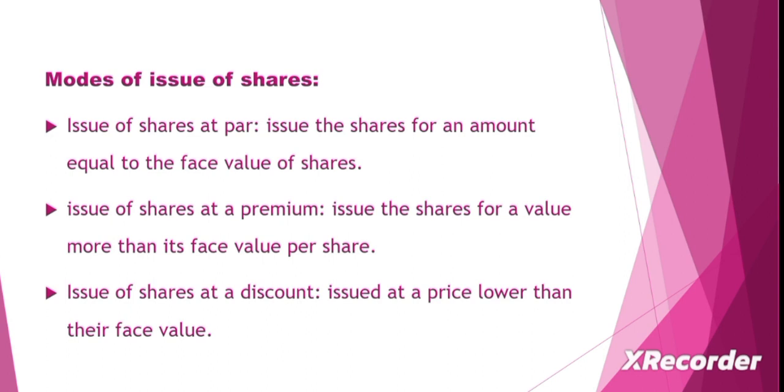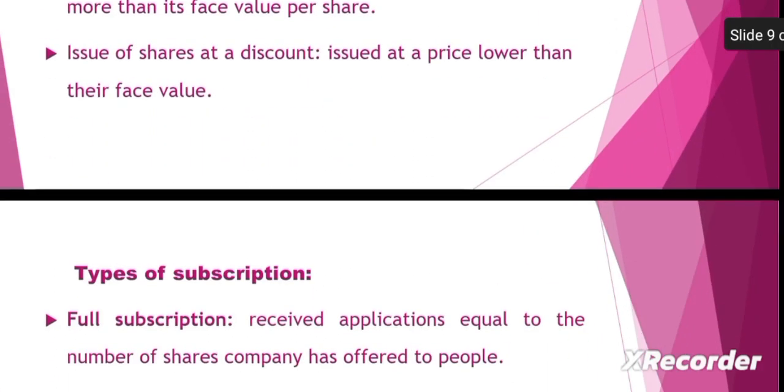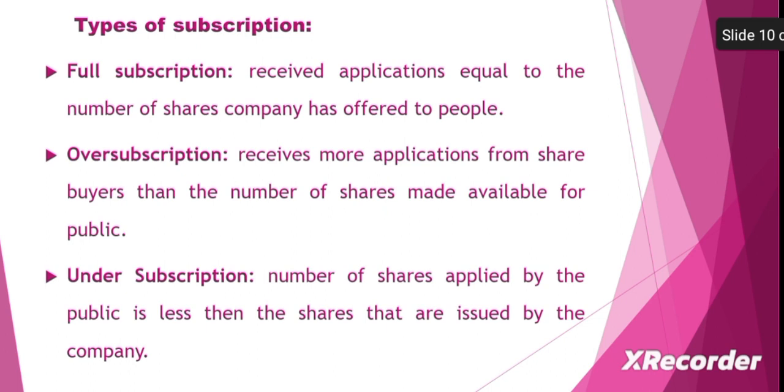Then we discuss the types of subscription. We have 3 types of subscription. The first one is full subscription. The company may receive applications equal to the number of shares the company has offered to people. It is called full subscription. Oversubscription.